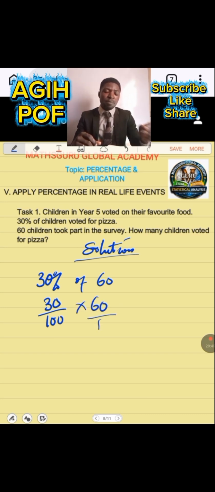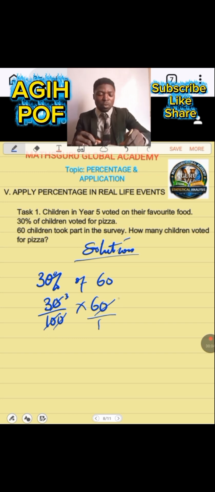So we can make it over 1. 0 can cancel 0, that is 10 in 60, 10 in 100, 10 again here, and 10 in 30. We'll be left with 3 here. We'll be left with 6 here, and that's all.